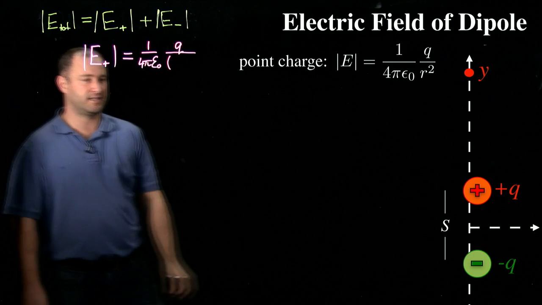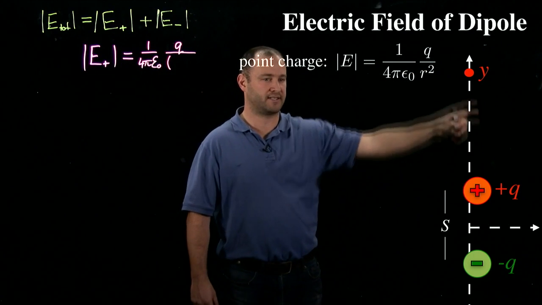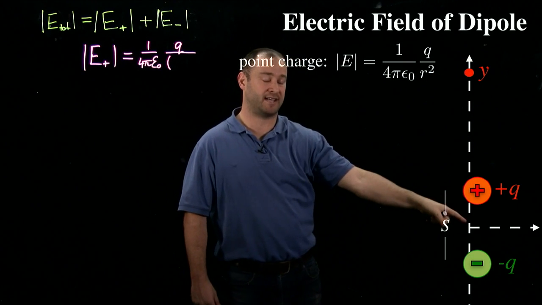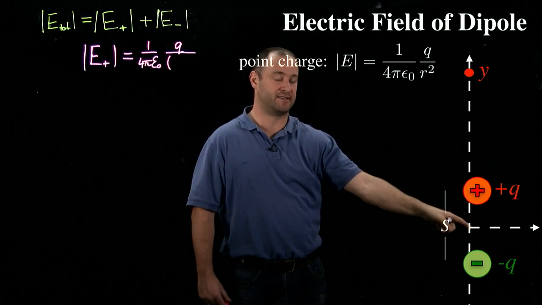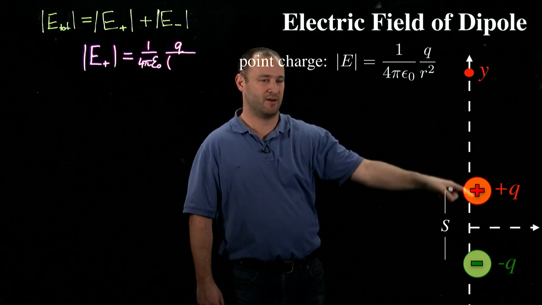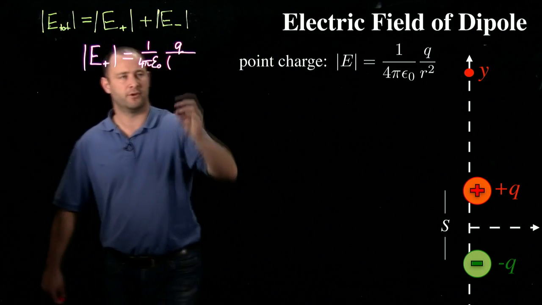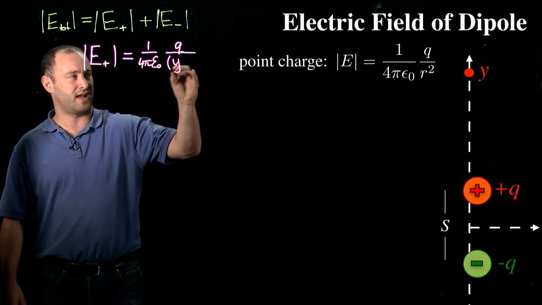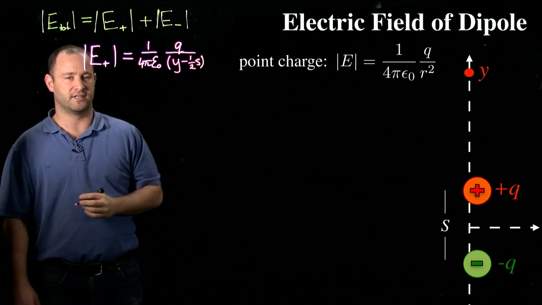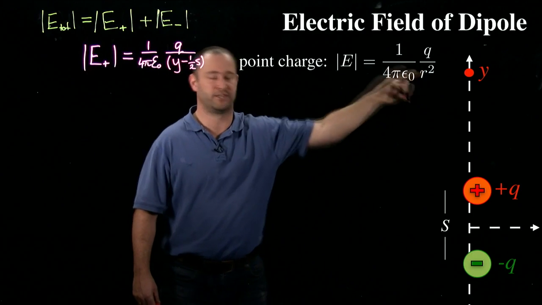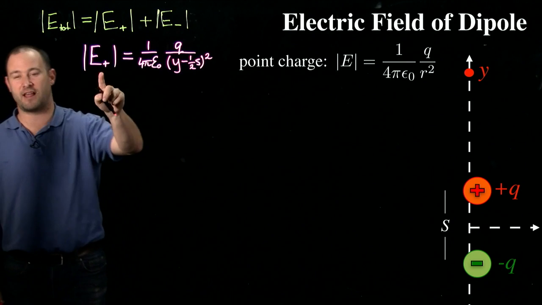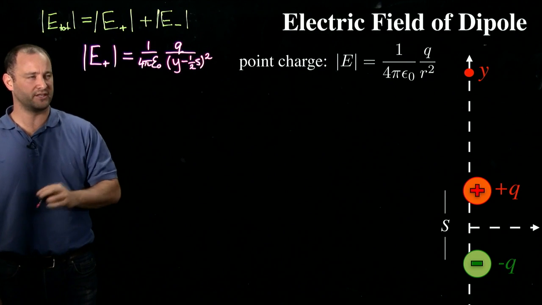The distance in this case is along the y-axis, but the distance from y down to the x-axis takes us the whole way to the middle of our dipole, which is not the distance we want. We want the distance y minus a half s. So r is y minus a half s, all squared, because the electric field falls off like 1 on r squared. This is the value for the electric field from the positive charge.